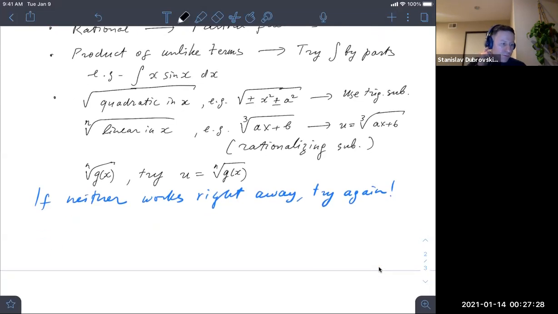Okay, so try substitution again, try parts again. The basic two techniques are substitution or parts. So maybe u sub or trigonometric sub, or parts.